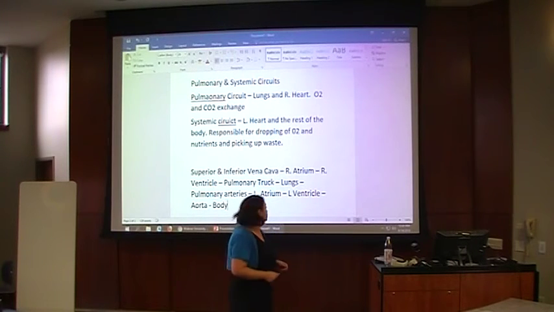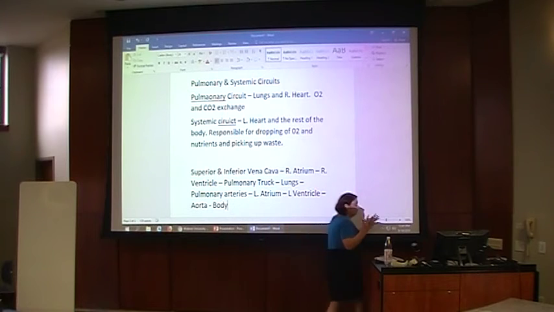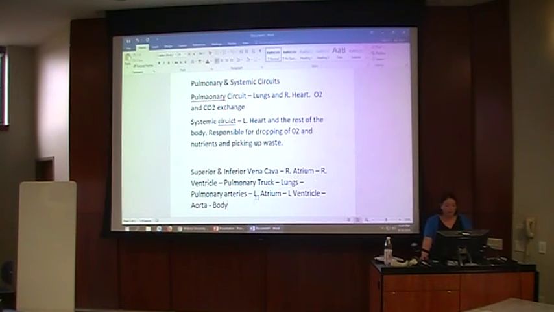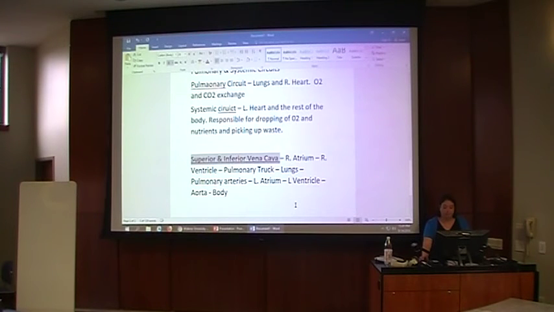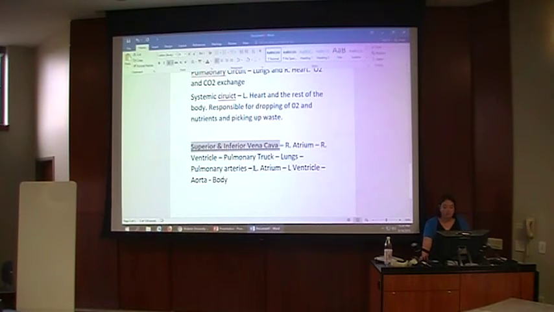And so now what you can do is you can make it even more specific. You can say, okay, I know that the superior vena cava and the inferior vena cava are part of systemic circuit, so I'm going to underline it. And then I know once I get into my left atrium, left ventricle, aorta, body, that's part of my systemic circuit.